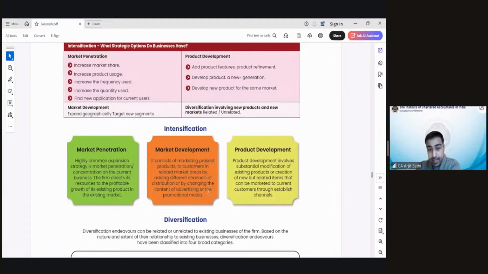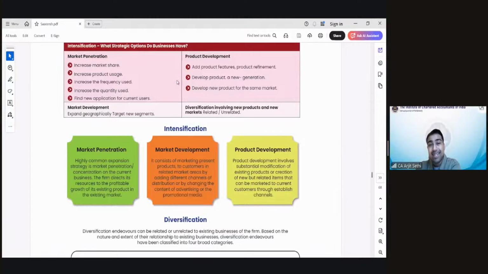Market development is adding different channels of distribution or changing the content of advertising. It consists of marketing present products to customers in related markets by adding different channels. Is it market development or is it product development? Working on the product, a new product, right? Building a new product or the existing product in a new market. Okay, what is it?